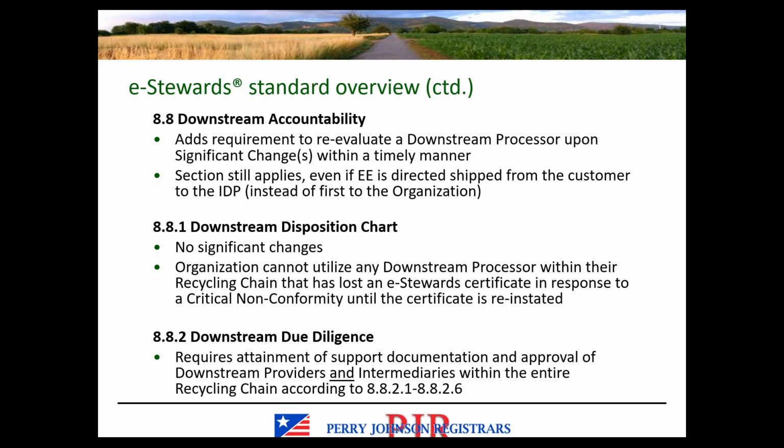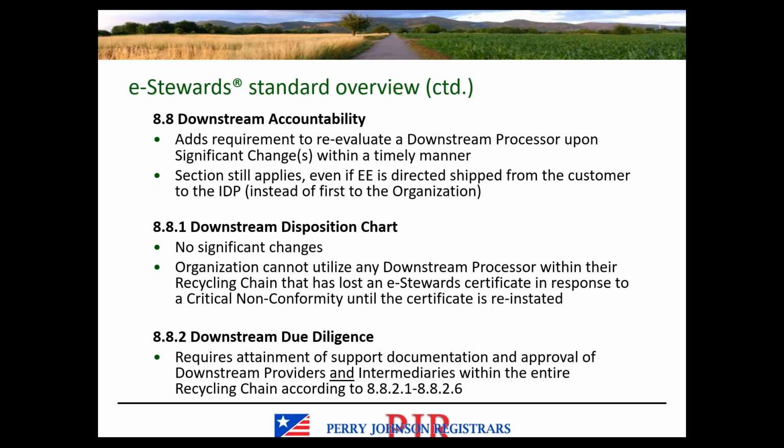No significant changes in 8.8.1 to the downstream disposition chart requirements, but it is worth noting version 4 specifies that the organization cannot utilize any downstream processor within their recycling chain that was e-Stewards certified and lost their e-Stewards certificate in response to a critical nonconformity until the certificate is reinstated.